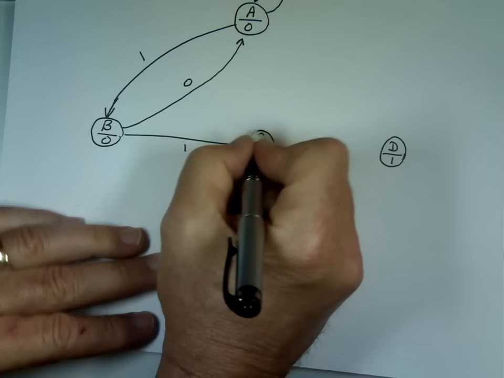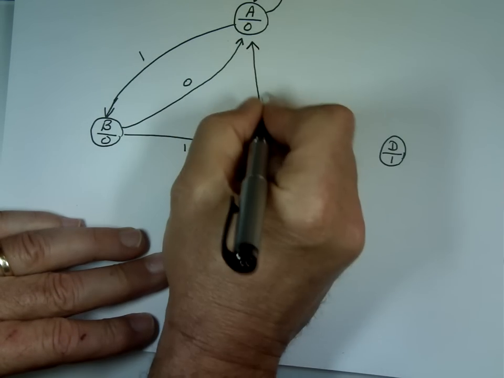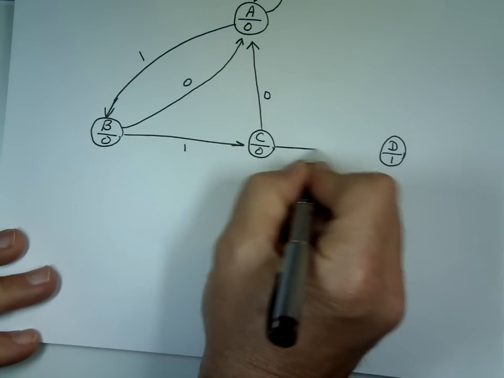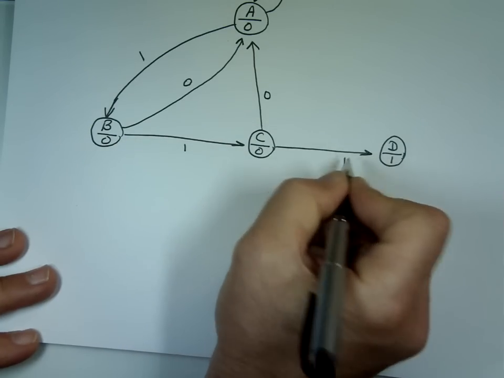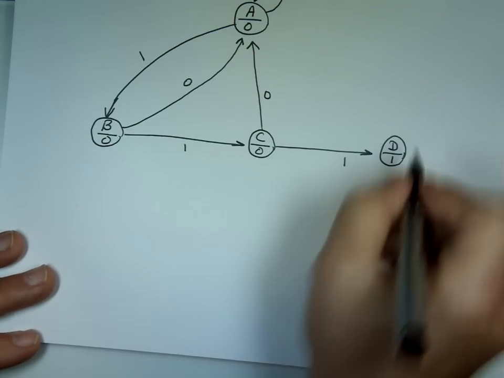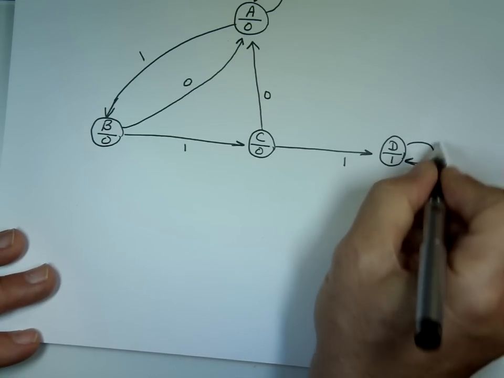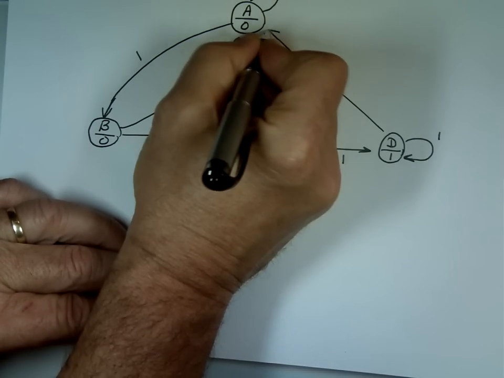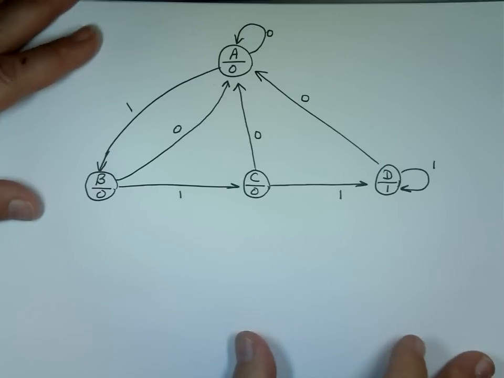If you put a 0, you go right here. If you put a 1, you go right there. If I put a 1, I stay here. If I put a 0, and I have no idea what that table represents, but this is the picture I got.